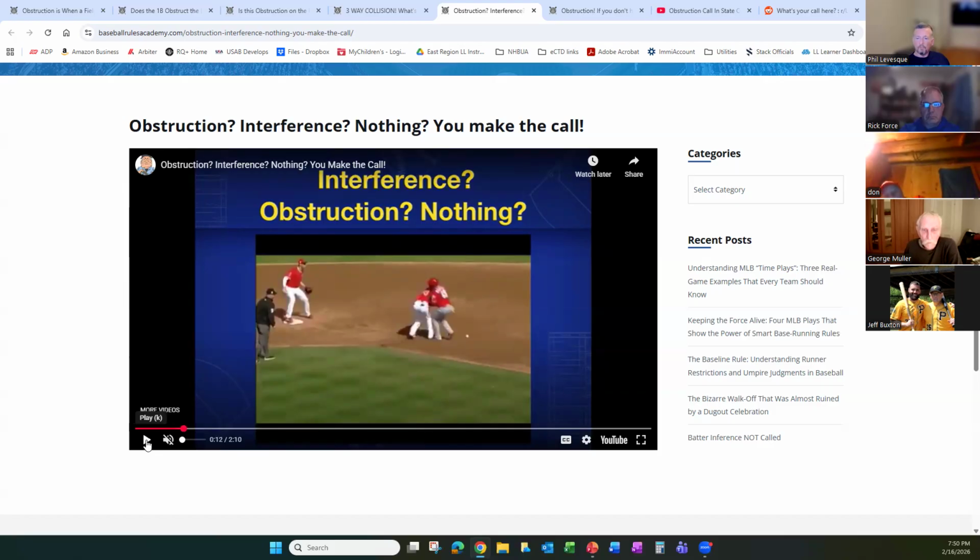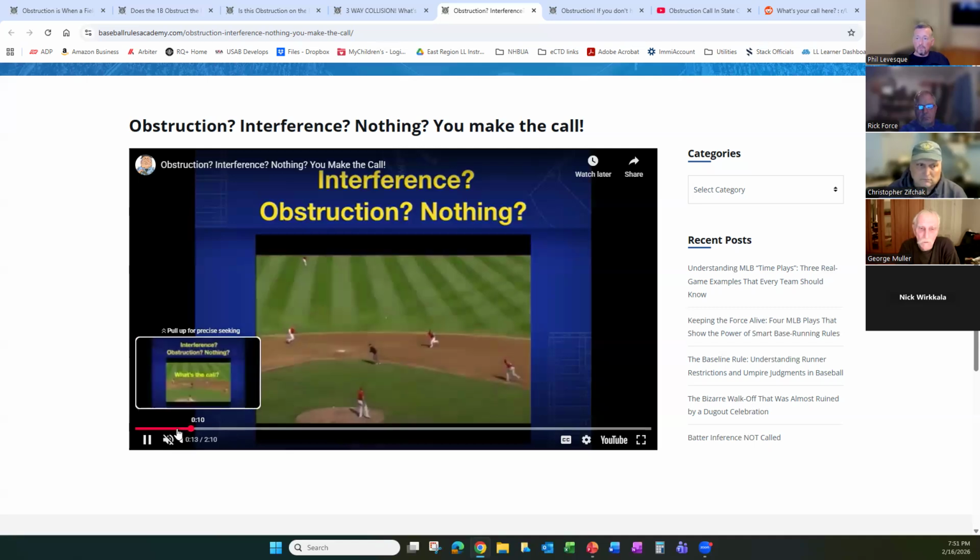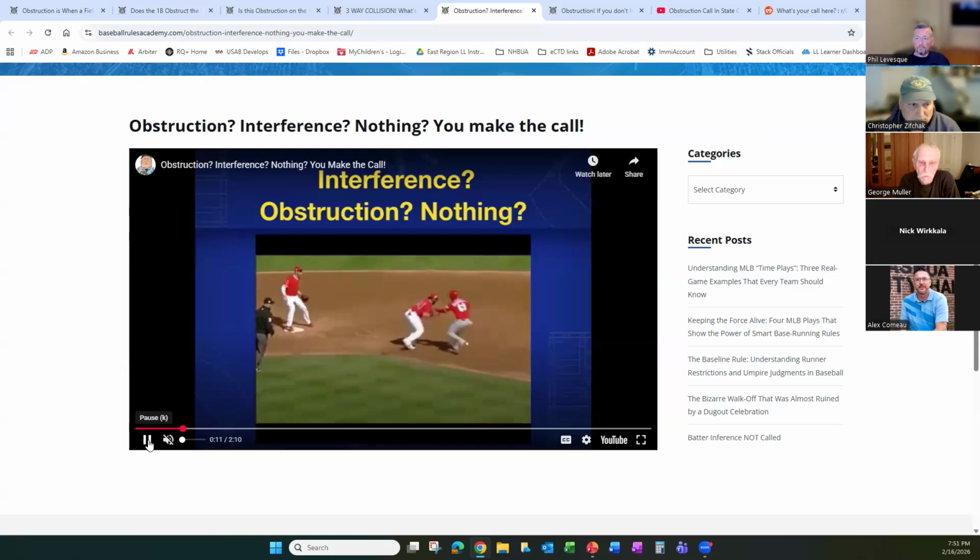What do we got? Interference? Obstruction? It has to be within arm's length. Type A obstruction. So this is about as close as it gets, right? I think we could all watch this and we might be split 40-30 on whether this was interference or obstruction. Obstruction. And it's not the first play being made, so it's not interference by my book.